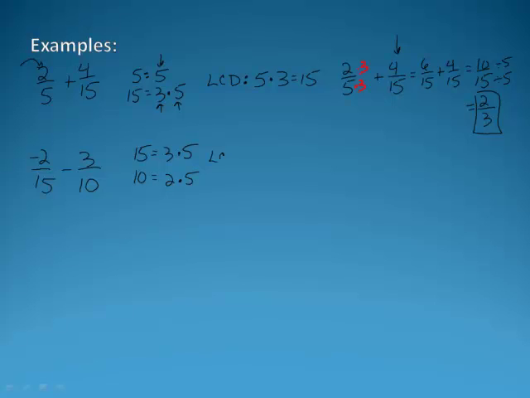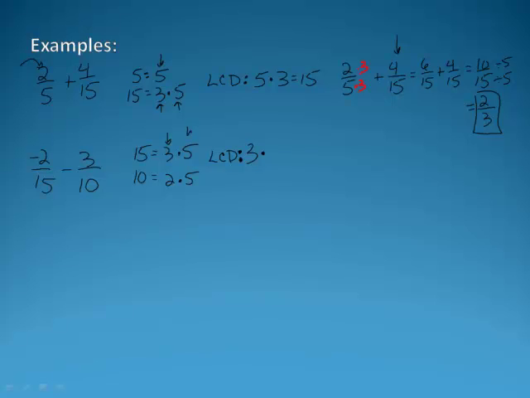The least common denominator then will be those factors written the maximum number of times it appears in any one denominator. So let's start with the factor of 3. It appears once in 15 and not at all in 10, so it'll appear once in your common denominator.